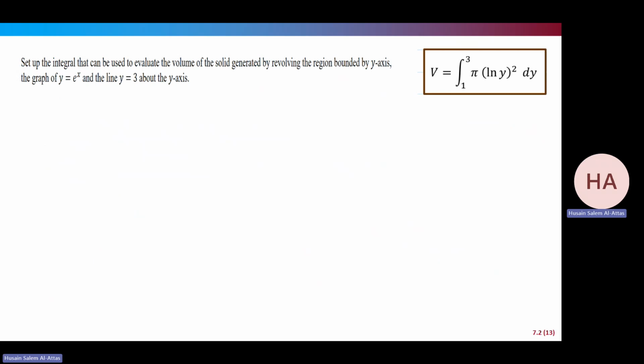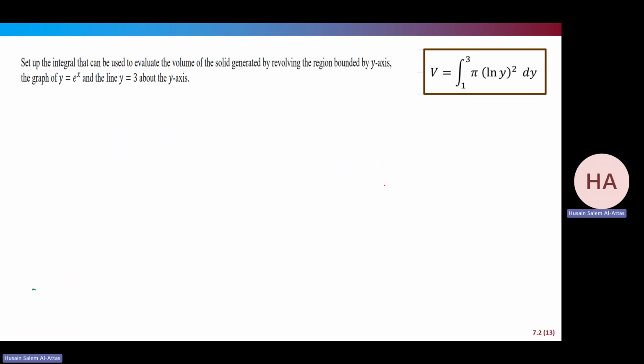Sometimes he doesn't want you to do the calculation, only to set up the integral. So let me do it here. Now I have y equals e to the x, and the same thing, y equals 3.